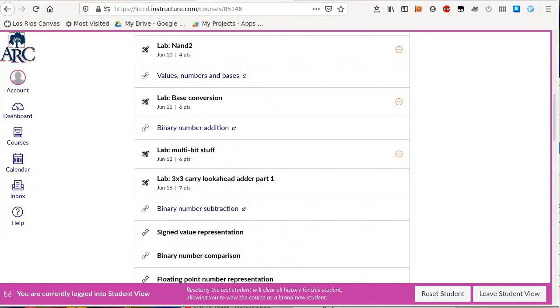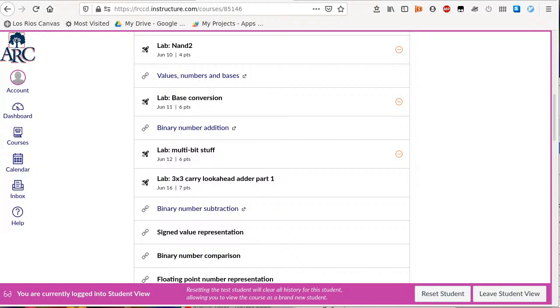What we're going to do today is finish up carry look ahead for binary addition, and then we're going to move on to binary subtraction today. The only question is, are we going to be able to finish binary subtraction today, or will we need one more day, maybe tomorrow, to deal with binary subtraction. And then we're going to move on to signed value representation.